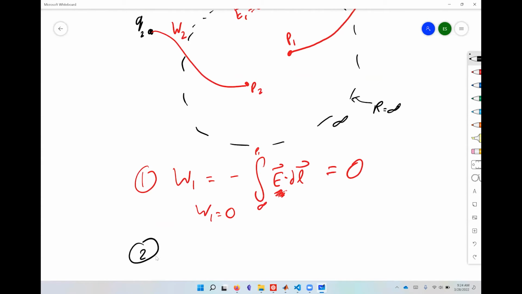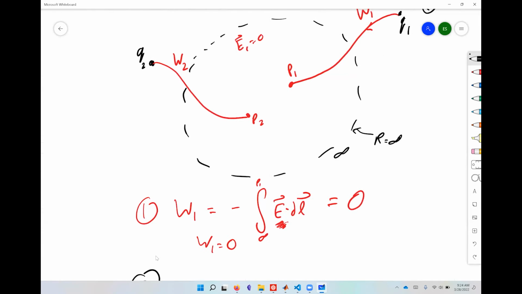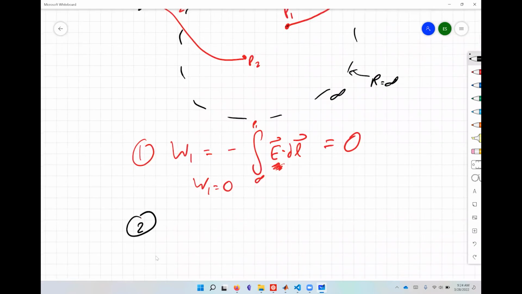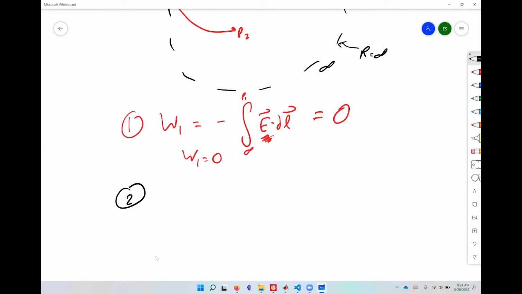Well, W2 is going to see the field due to charge Q1 that we already brought in. You could do it through the field, or we could do it through the voltage. What would be the voltage at P2 due to Q1? That's what we have to find first.